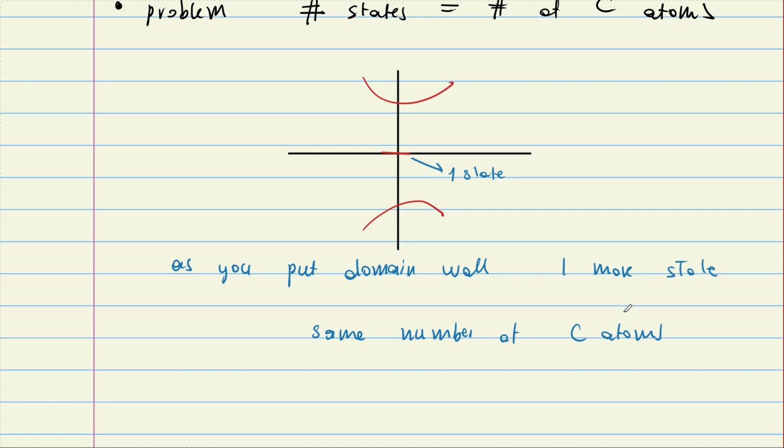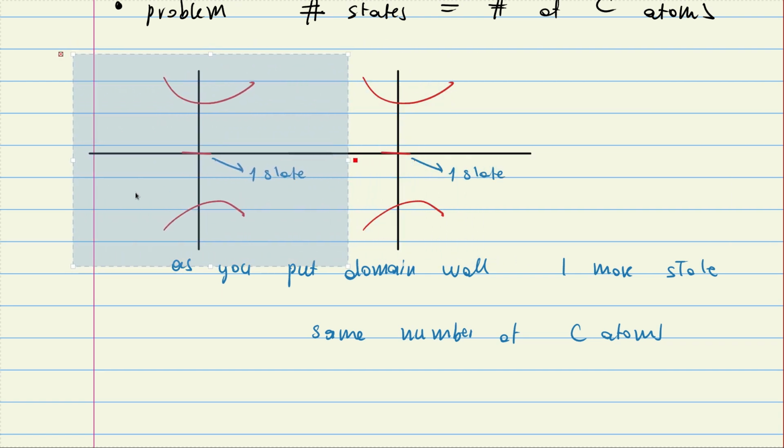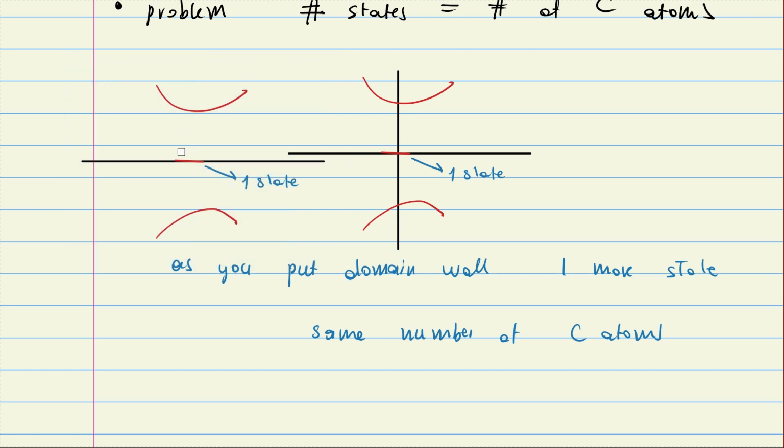It has to come from somewhere. What is your suggestion, right? There's one more state coming from somewhere, but the same number of carbon atoms. Initially, maybe I had something like that without a zero mode. So this one. And then the question is, this second state, where does it come from?